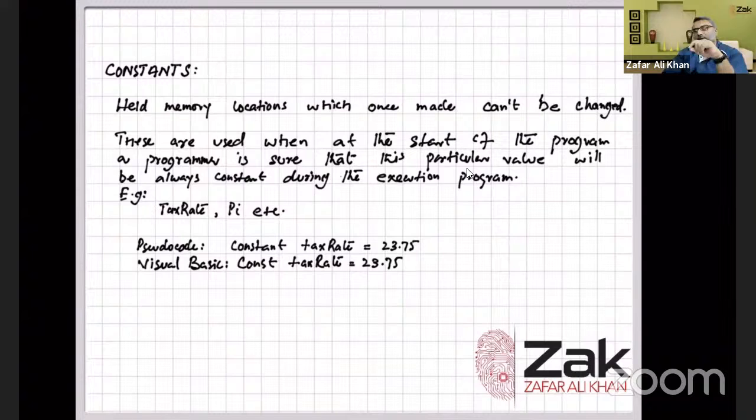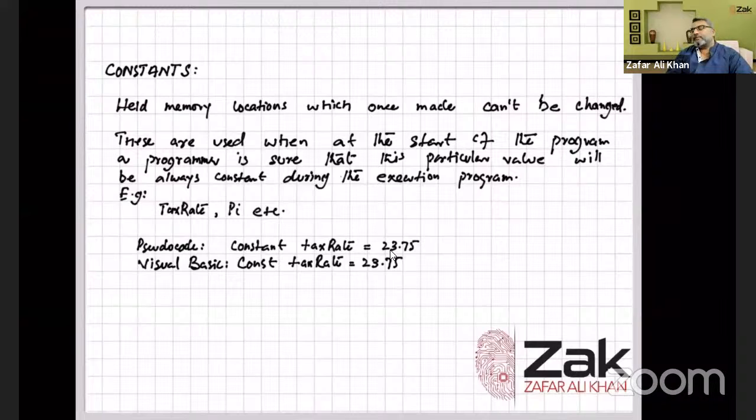The question is, if we make a variable tax rate, assign this value, and use the word tax rate all over the program, no matter if our program is a 100,000 lines program, and when the tax rate changes, we reopen the program and change it.